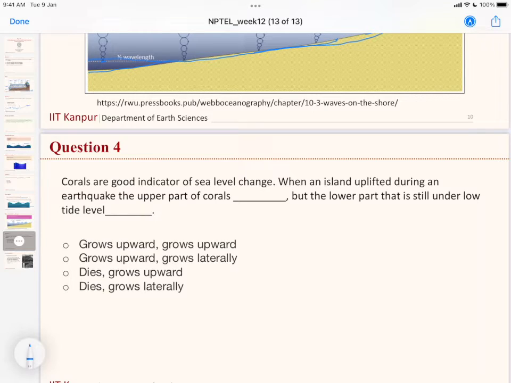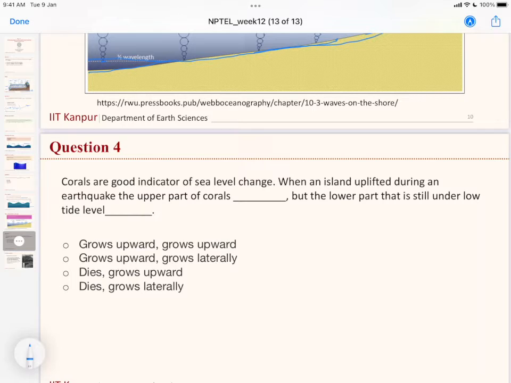But the part which is still under the water will grow. Now, how will they help us with the dating part, or to know when the sea level change happened, or whether the upliftment has exactly happened or not?